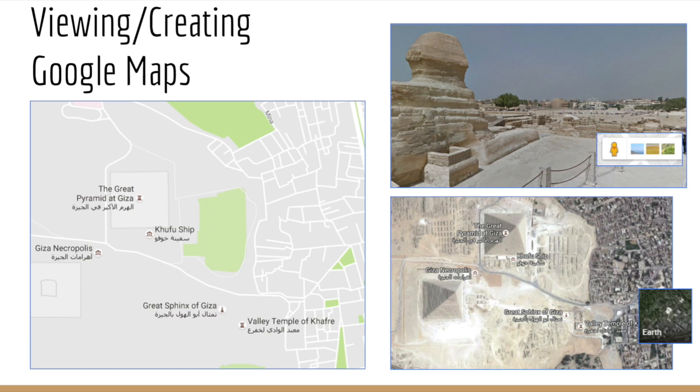So if you think about the 6th grade curriculum with ancient Egypt, rather than just rely on what's in the book, you can bring up Google Maps and go to places like Egypt. And maybe say to the kids, hey, let's drag a little yellow guy on the map and see what the Sphinx looks like today. Do they seem to let people get close to it? How does it fit what you imagine it was going to look like?